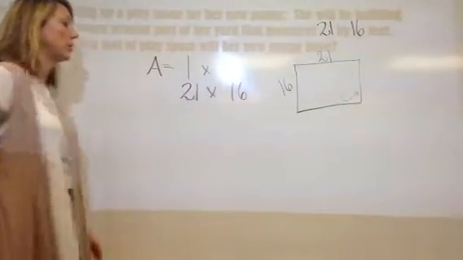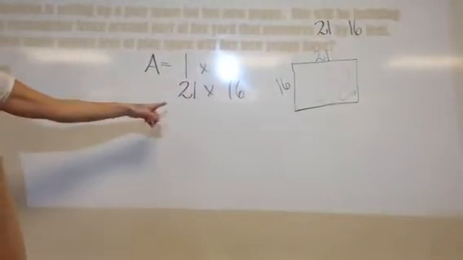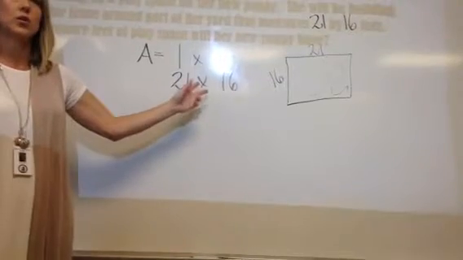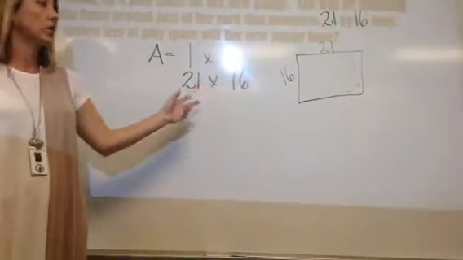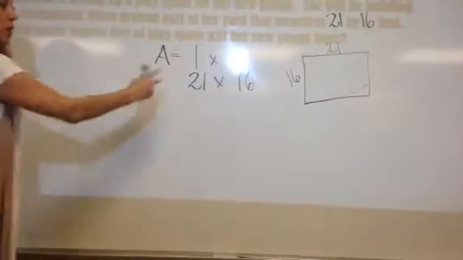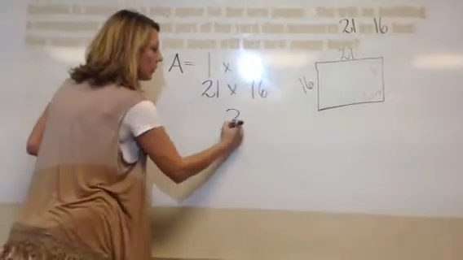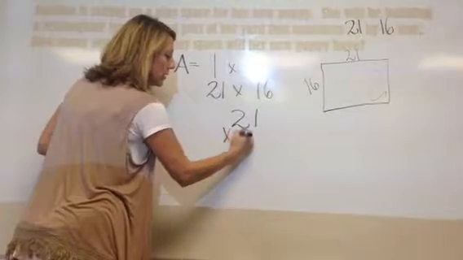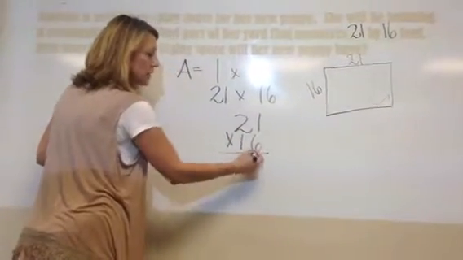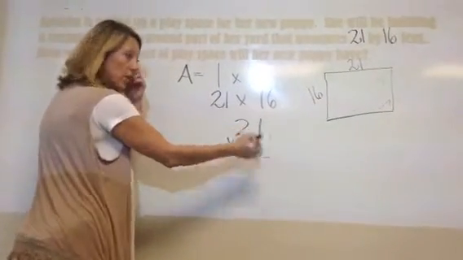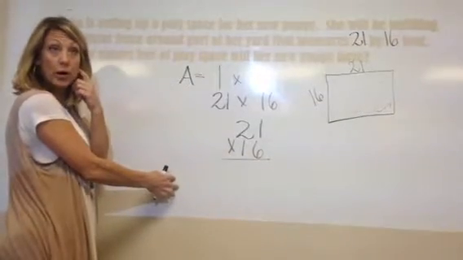So here's our problem. Now I also prefer, since we're doing two-digit multiplication, that you stack it instead of going across. Most people's brains do not work very well at all going across. So I can just stack it right here below. I have 21 times 16. We'll multiply the 6 times the 1 and the 6 times the 2. That'll give me my first partial product.